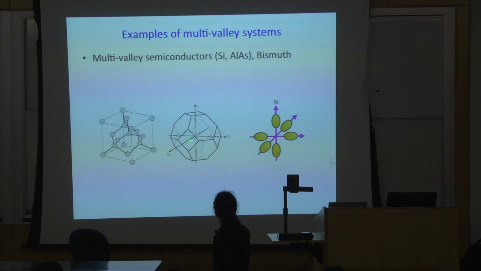If you look at the conduction band, actually there are 6 pockets, those guys, and they're degenerate. They are the energy minimum, and that's the degree of freedom we are talking about. Those are the energy maxima or minima in the momentum space.